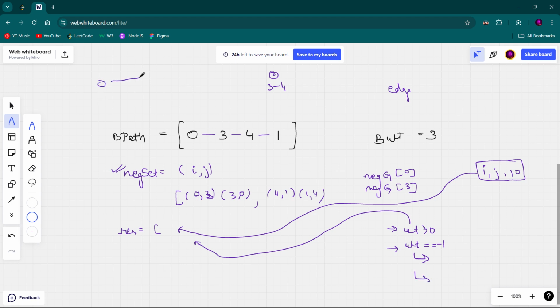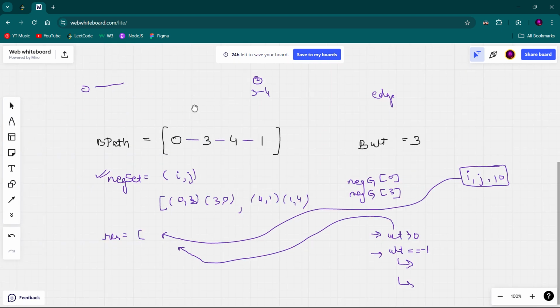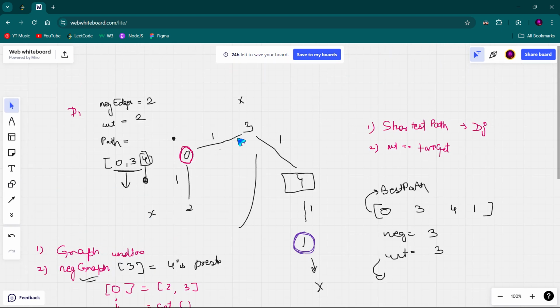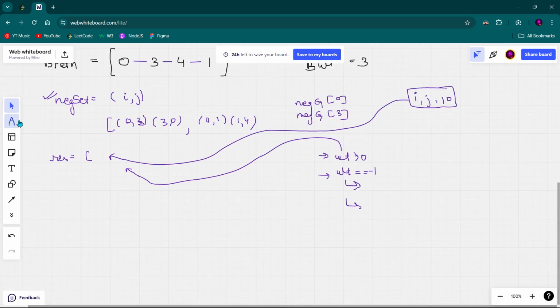So this edge is -1 in the starting and it is in my best path. This is one condition. And this is a negative edge which is not in my best path. So this is another condition. Okay. This is the condition.